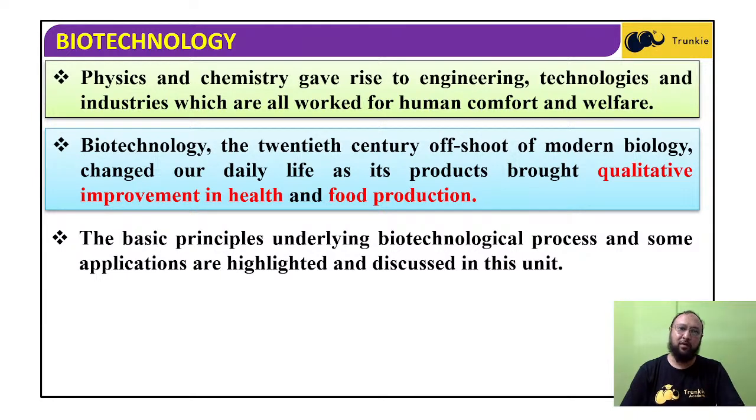When modern biology developed, biotechnology came out of it as a branch of science that changed our daily life, and its products brought qualitative improvement in health and food production. The basic principles underlying biotechnological processes and some applications are highlighted and discussed in this unit.